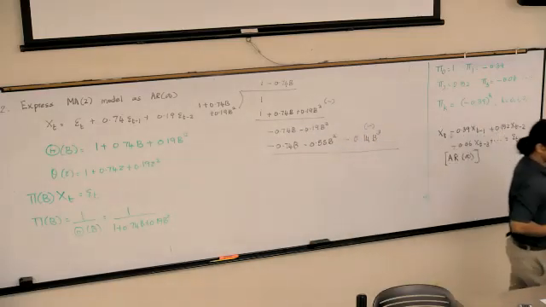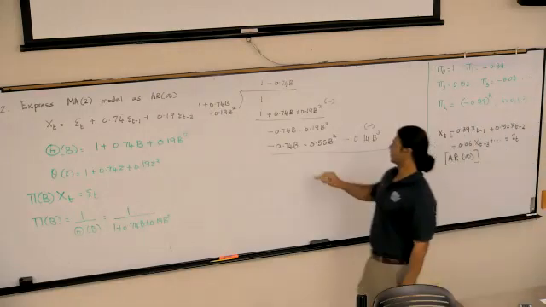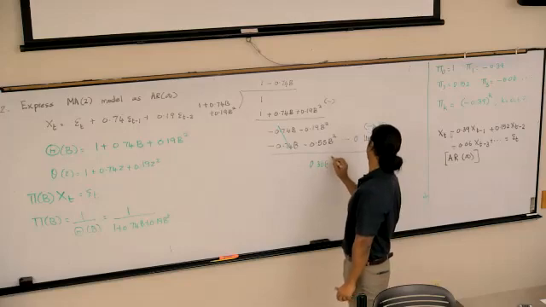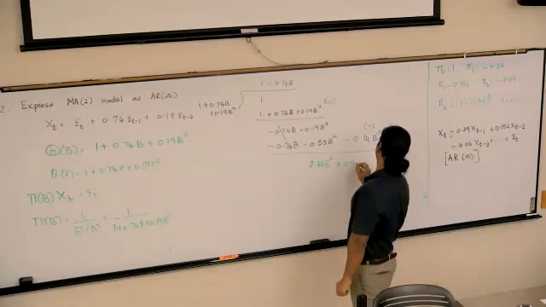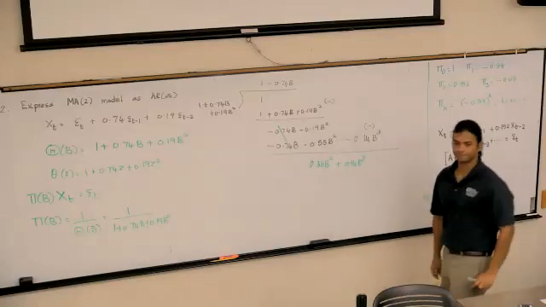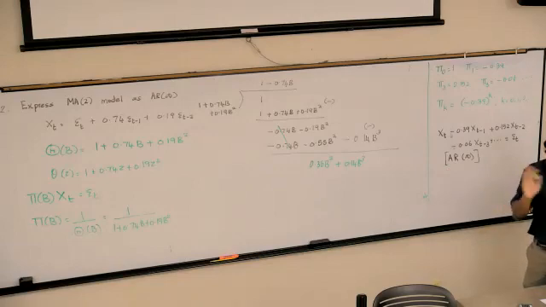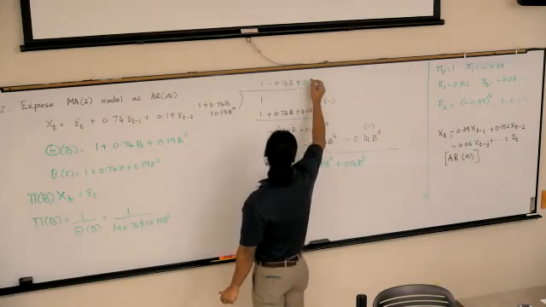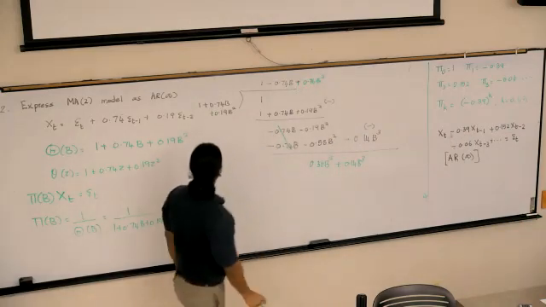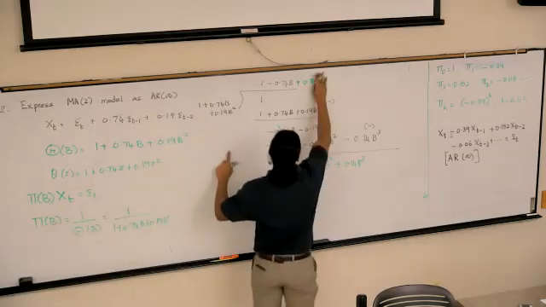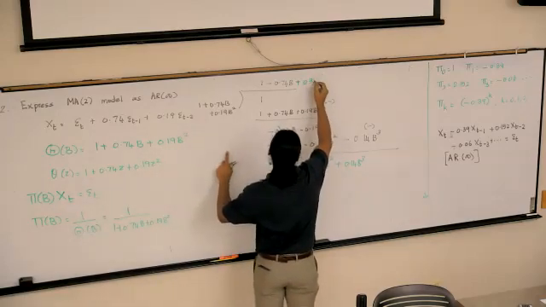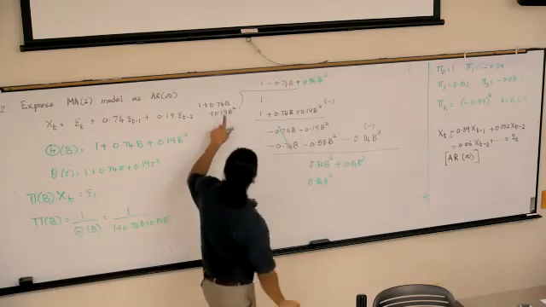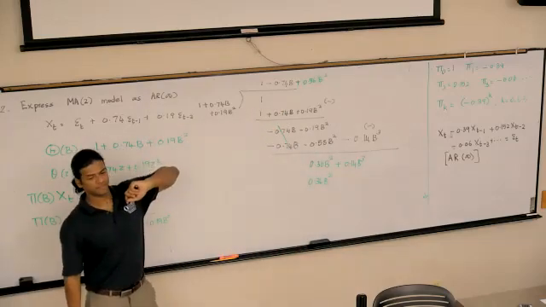Subtract. Those two would go away. And that would be 0.36B squared plus 0.14B. We'll do one more step on this. We'll have 0.36B squared. 0.36 times 0.74.